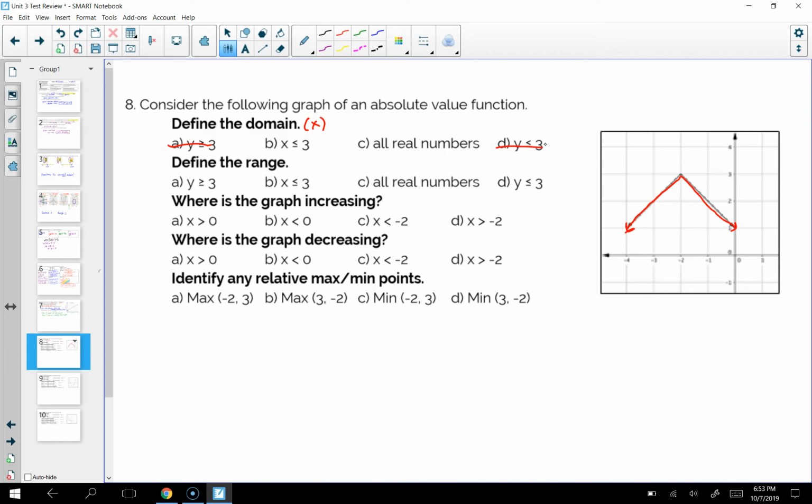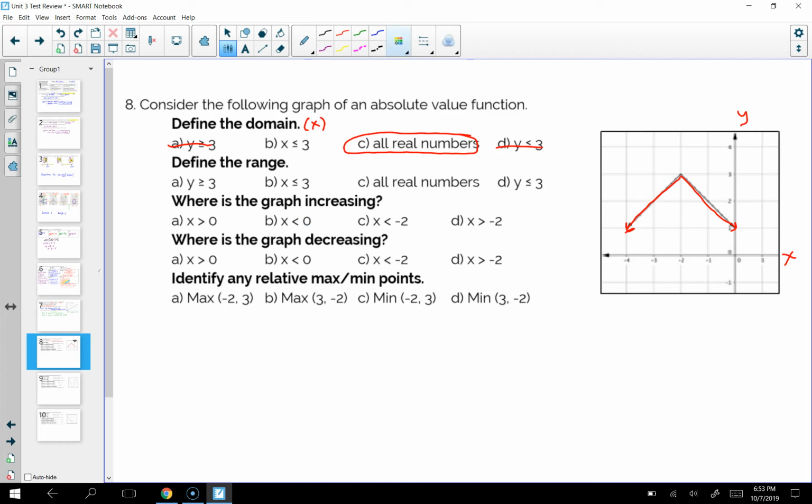Let's look at where positive 3 is. It's not even on here because this is my x and this is my y. Look at the arrows on the sides. They show that it's never going to stop. It will always go to the left, and over here it'll always go to the right. So my domain is going to be all real numbers.